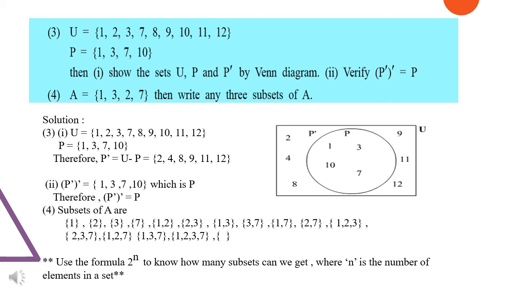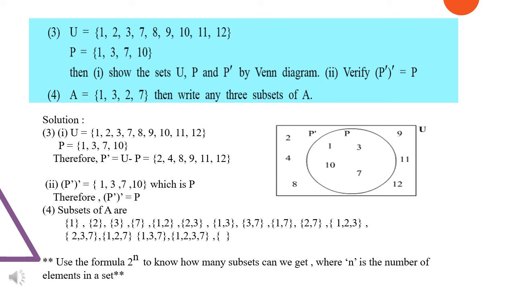So let us verify that with our above answer. Look at the question. A is equal to {1, 3, 2, 7}. How many elements are there in set A? 4 elements. So let us apply this in our formula. 2 raised to 4. 2 raised to 4 is what? 2 into 2 into 2 into 2.